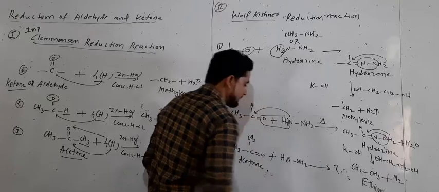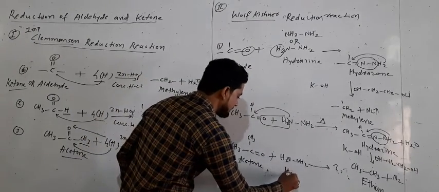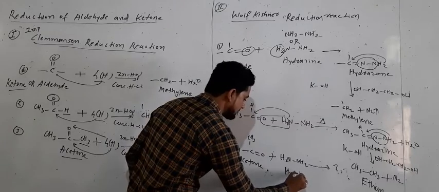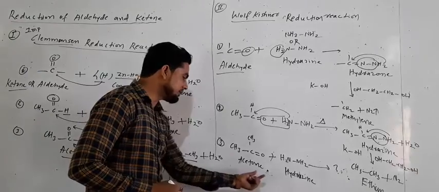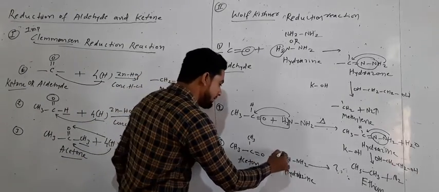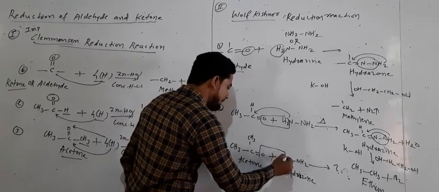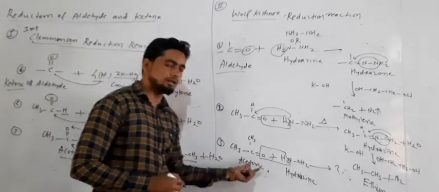You have to solve this, okay? When acetone reacts with hydrazine, we get the same loss of a water molecule to form the hydrazone. You have to solve this, okay?